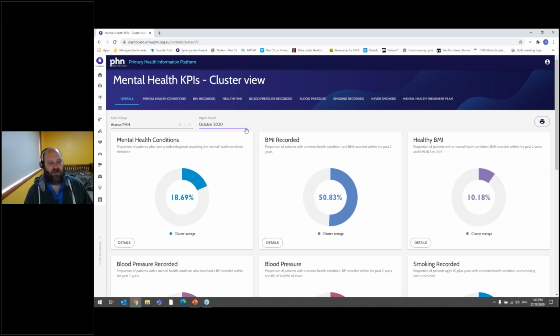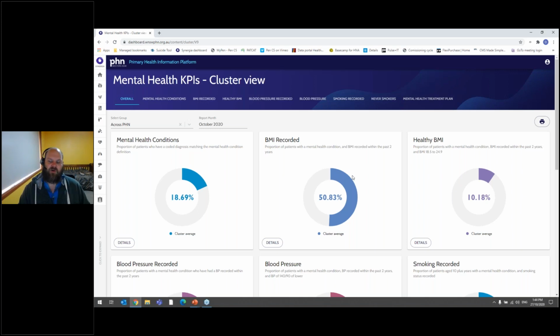So what we've done here is, again, this is based on what is reported in your systems, is the proportion of those that have got a coded mental health condition and those with a mental health condition and where a BMI has been recorded. And you'll see that looks vastly different compared to the chronic diseases.